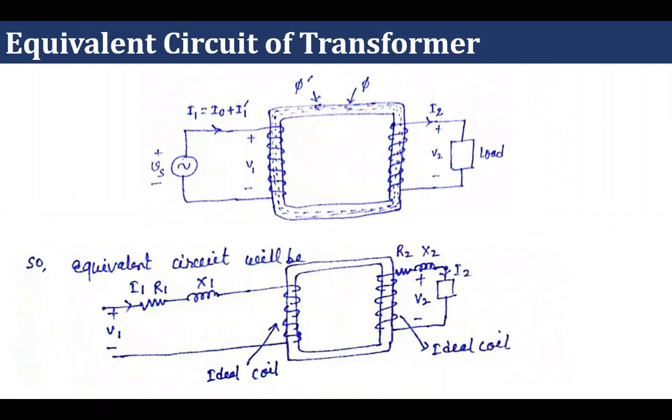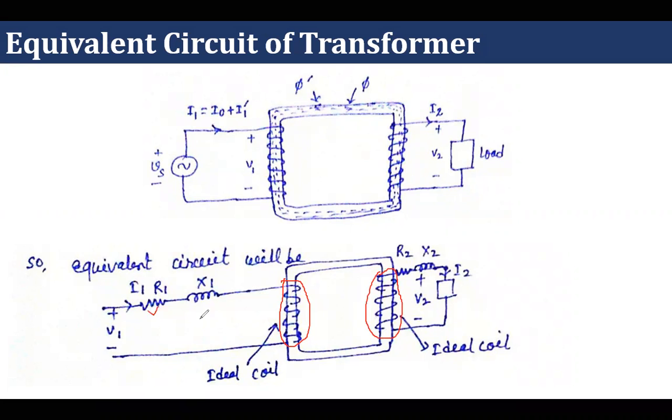So in the first step, we have to connect coil resistance and reactance by considering the coil as an ideal coil. So here we are assuming these coils are ideal coils. So we have to represent the resistance and reactance of this coil in series with it.